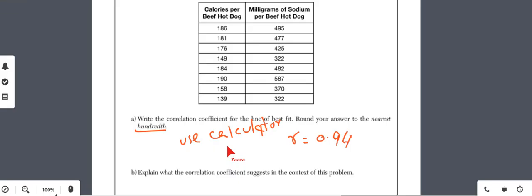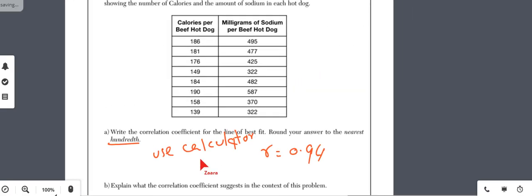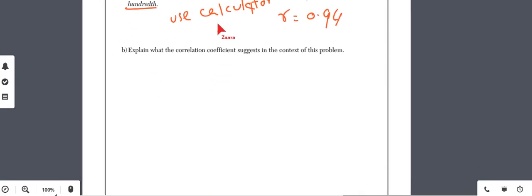Okay, look at the B part. Explain what the correlation coefficient suggests in the context of this problem. So it suggests that when the calories per beef hot dog increase, the milligrams of sodium also increase.